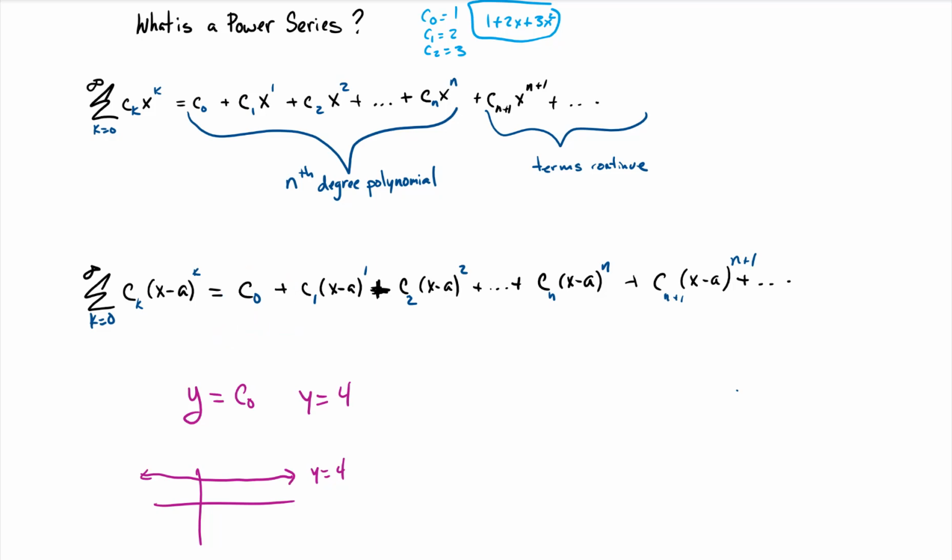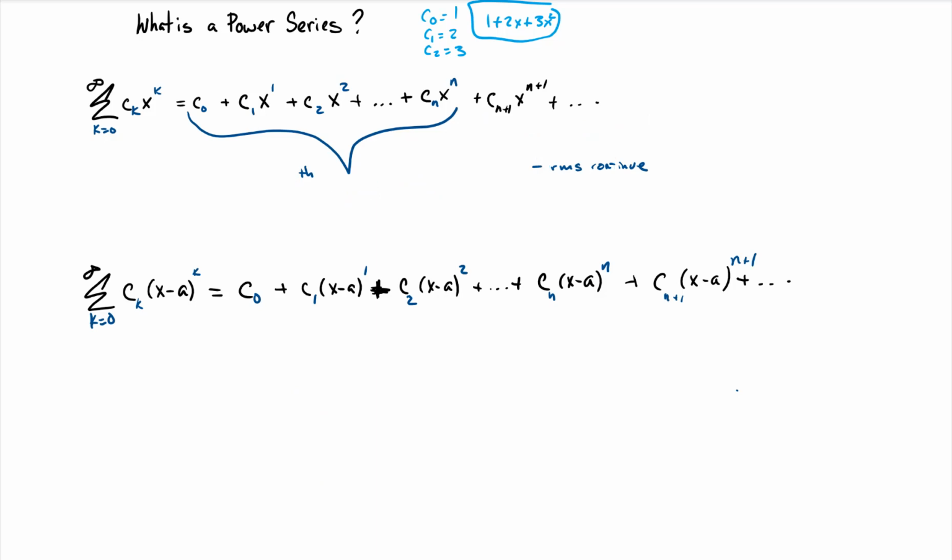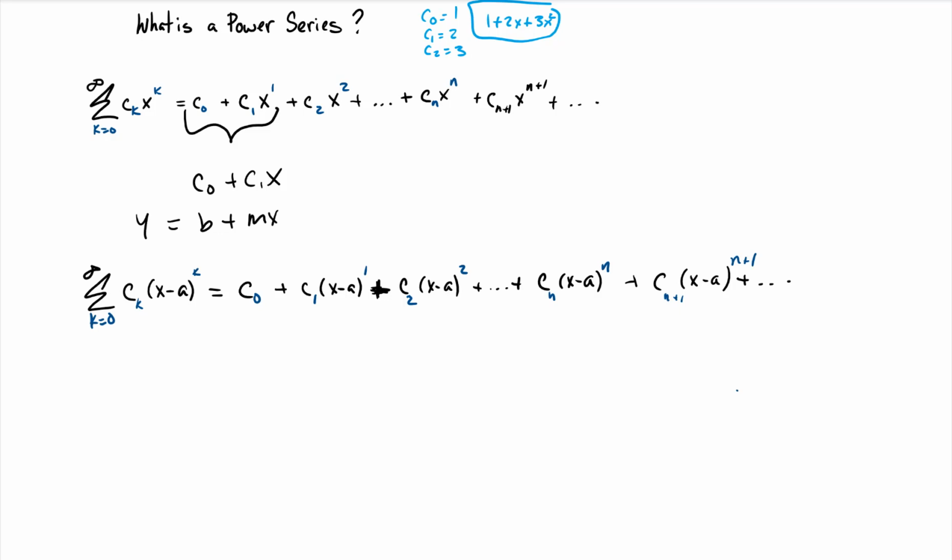But what happens if we took our first and our second term? Actually, I think it'll be a little easier to look up top. Let's get the x minus a's out of there. So what if we were to just look at this part right here? Well, you have a constant plus the slope times x. This could be b plus mx. Y equals mx plus b. It's a line.